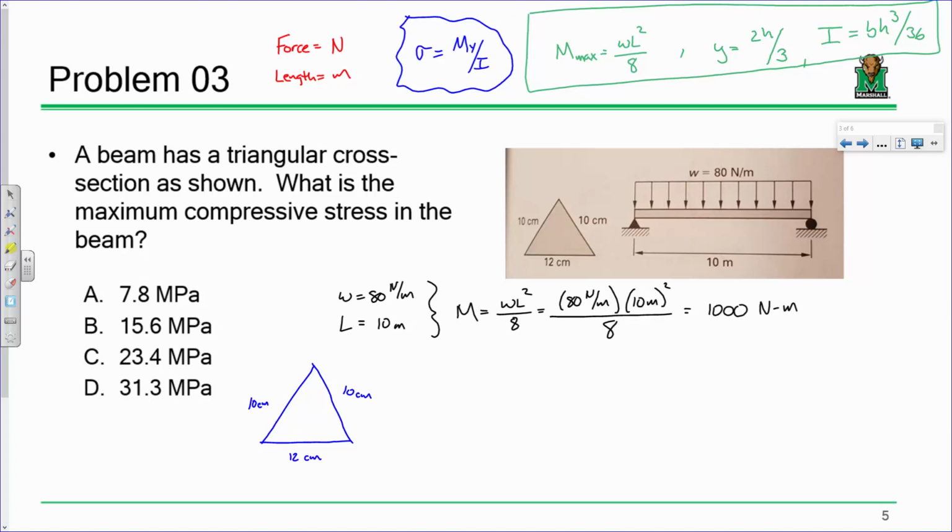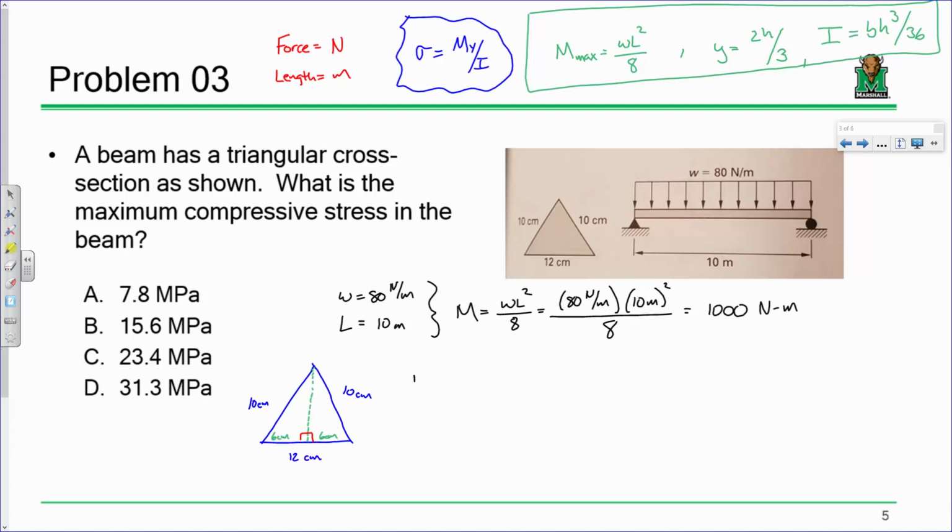But we don't know the actual height. Well, what we do know is that if we cut that right smack dab in the middle, this is 6, and this is 6. That makes that a right angle. So if that's 6 something and 10, what's that something? 8, right? Because it's a 3, 4, 5. So this height is 8 centimeters.